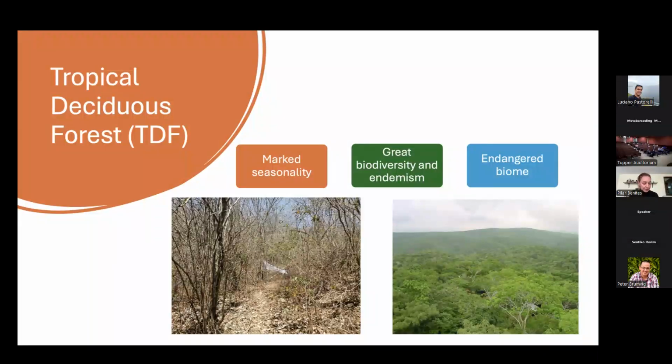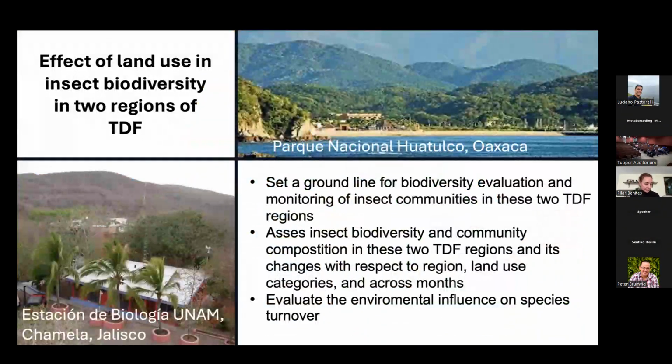And this forest has suffered a substantial contraction in its range, mainly due to human land transformation. To date, few studies have documented how anthropogenic disturbance has impacted the biodiversity and community assemblage of this type of forest in Mexico. So we were interested in studying insect species diversity at a community level in 2 regions of Mexican tropical deciduous forest.